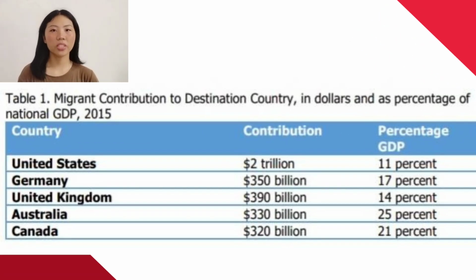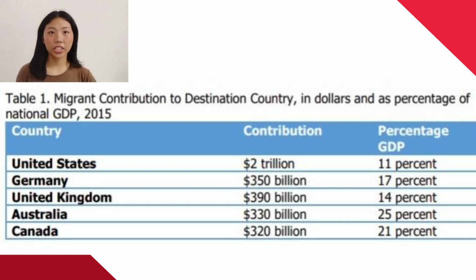Migrants' contribution to destination countries in dollars and as a percentage of national GDP in 2015. United States, contribution $2 trillion, 11% of GDP. Germany, $350 billion, 17%. United Kingdom, $390 billion, 14%.